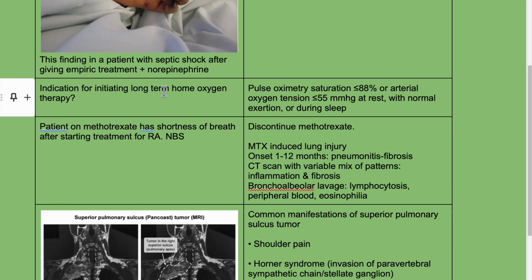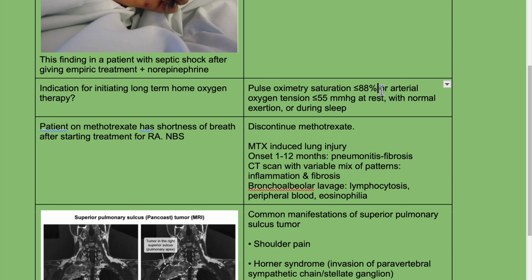Indication for initiating long-term home oxygen therapy. Okay, so what is an indication for this? We sort of talked about this already. If the pulse oximetry saturation is 88% or less, or arterial oxygen tension is 55 mmHg or less, okay, at rest, with normal exertion or during sleep, right?